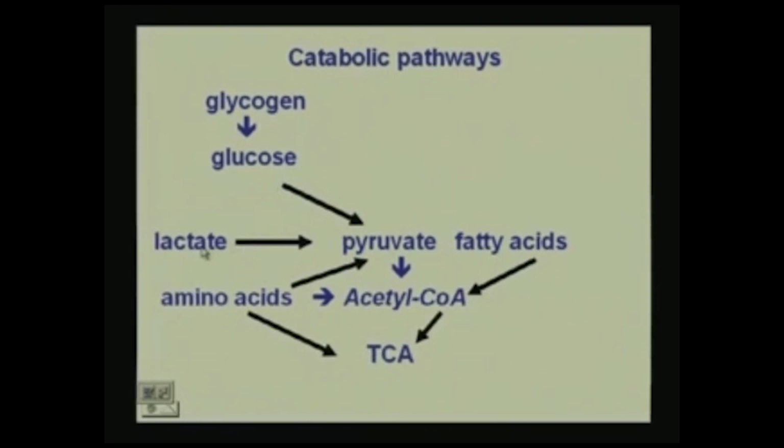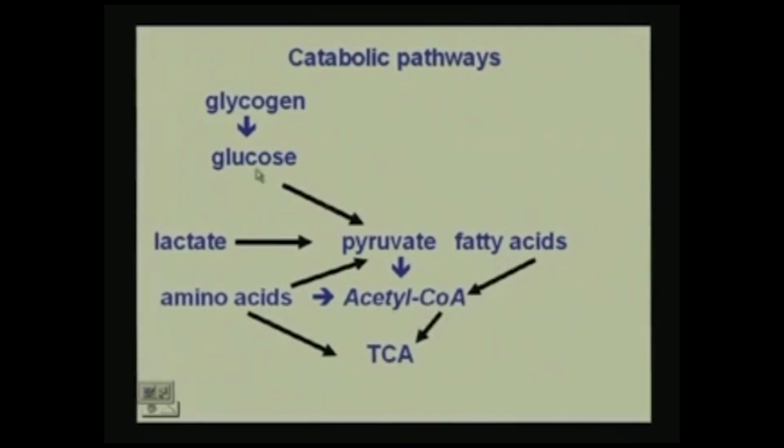We also saw how lactate is formed from pyruvate, so we have lactate also getting to pyruvate, and amino acids have entry points at 3 places, where they can get to pyruvate, to acetyl-CoA, or directly to the tricarboxylic acid cycle. Fatty acids get into acetyl-CoA.